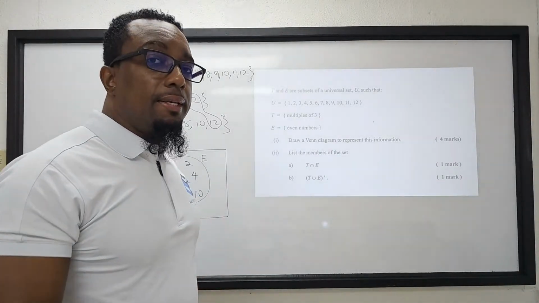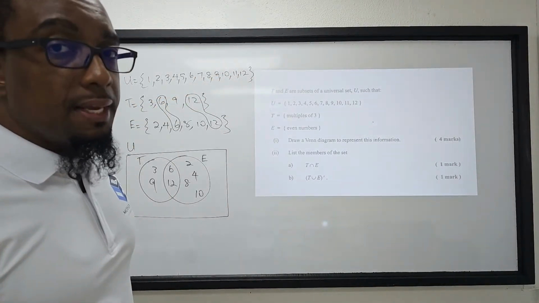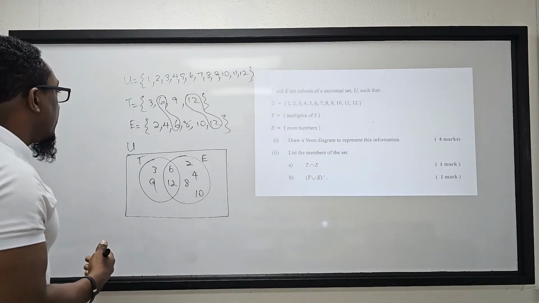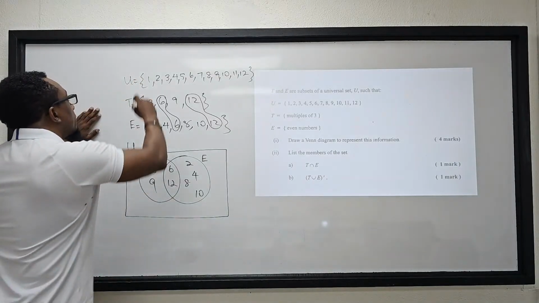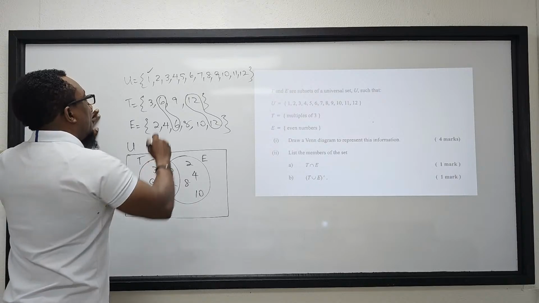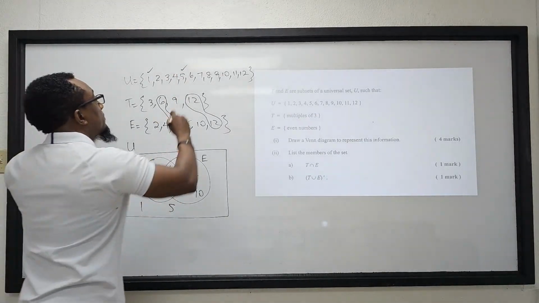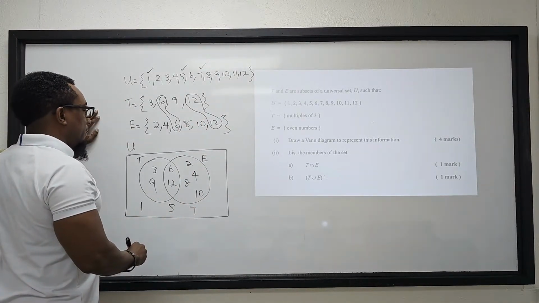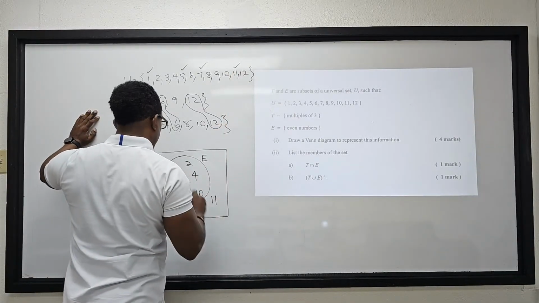Of course, it is a Venn diagram, so all the elements of the universal set must be placed in your Venn diagram. The elements are strategically placed. So the remaining elements: 1 is missing, 2, 3 is there, 4, 5 is missing, 6 is there, 7 is missing, 8 is there, 9 is there, 10 is there, 11 is missing, and 12 is there.